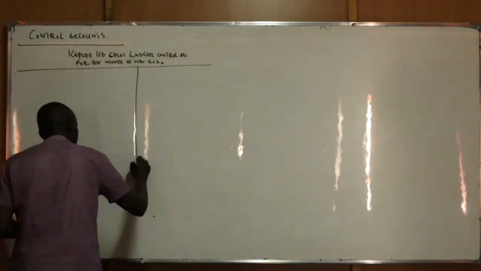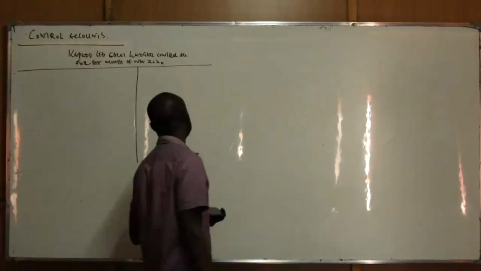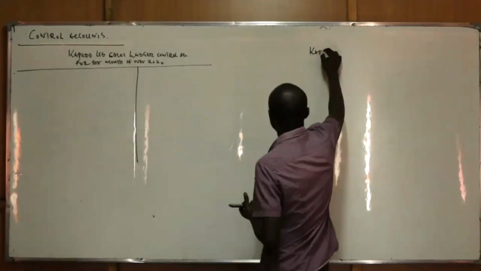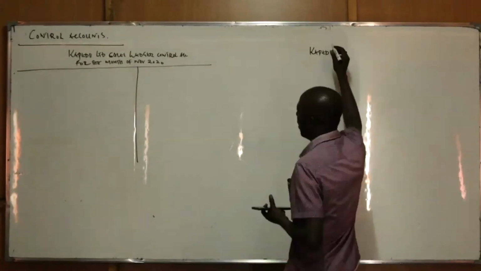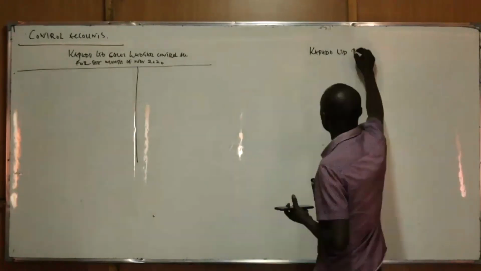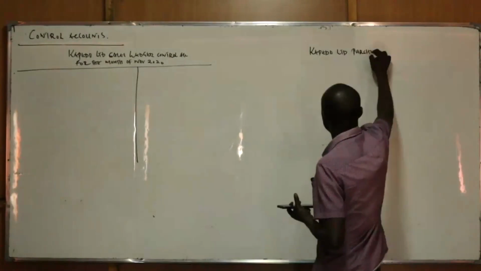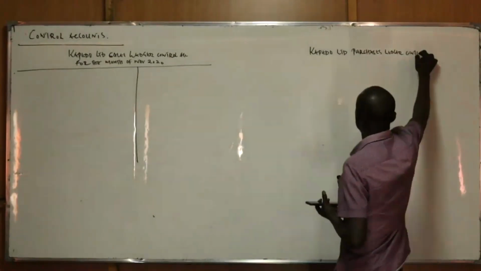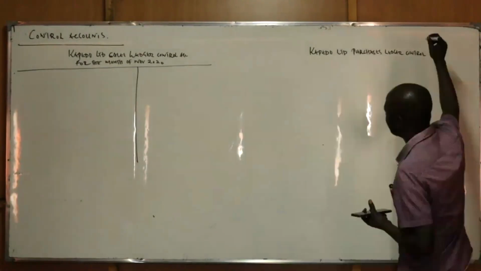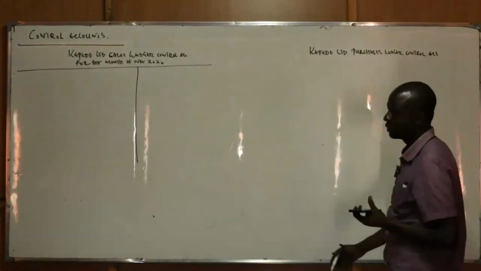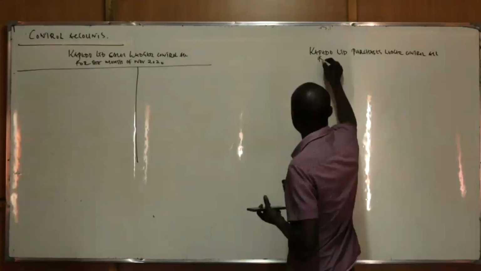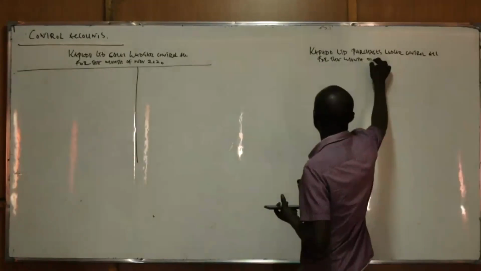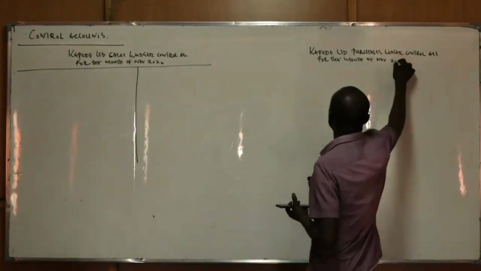Then you can also come here and write Capedo Limited, purchases ledger control account for the month of November 2020, and then you underline.